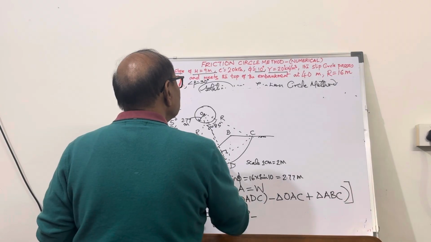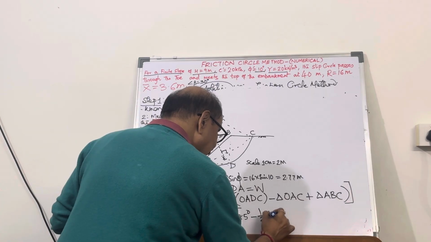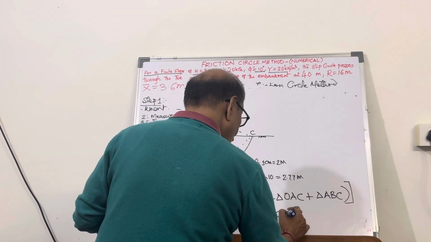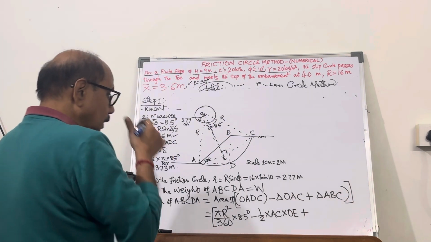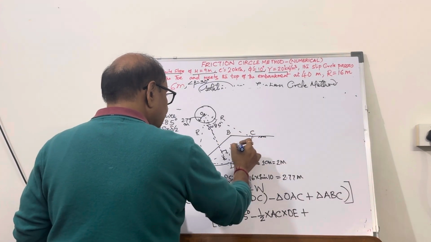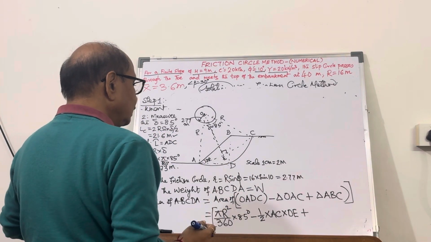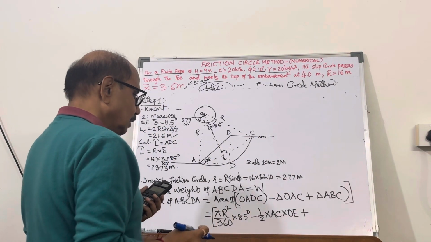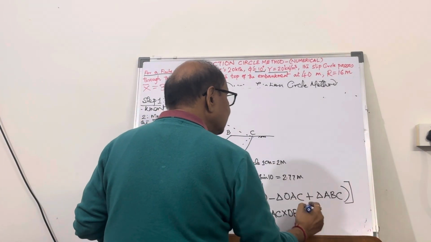Then you can find out the area as half into base, that is AC, multiplied by OE, plus you will have to add triangle ABC so that you get the complete area under ABCDA. So what will this be? It will be half into base.